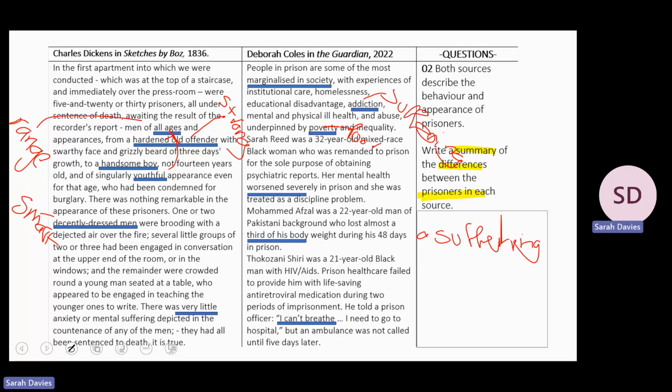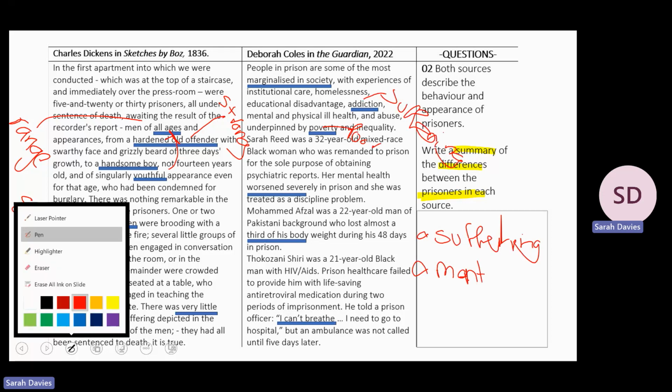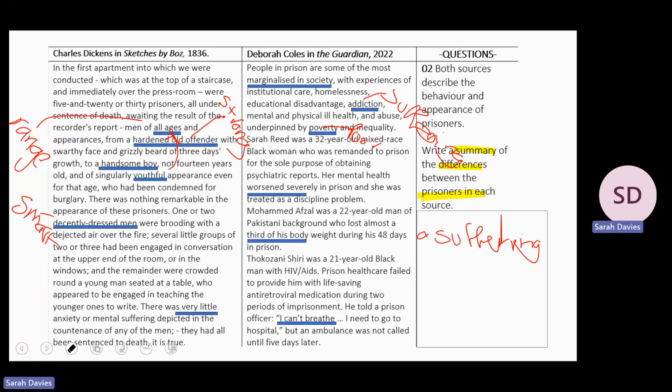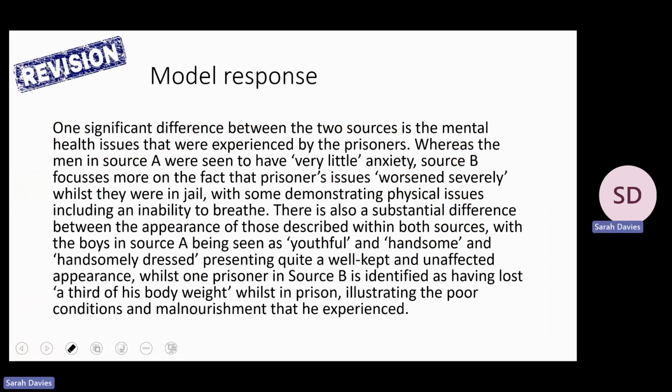And all I do is make a little note to myself of 1 or 2 clear differences between them. It even says it at the bottom of source A about the mental state. So we've got there about their mental state and how that all comes about. So then we look at a response and we look at how these responses can be structured.